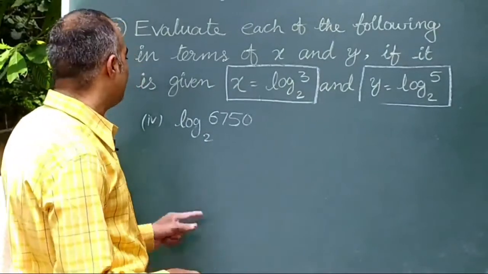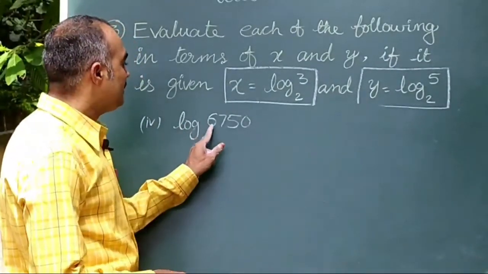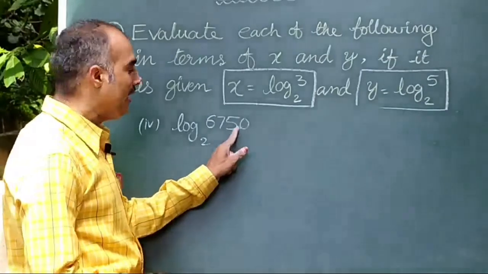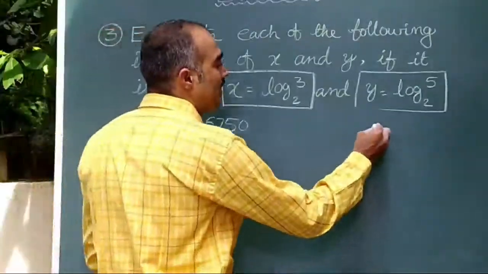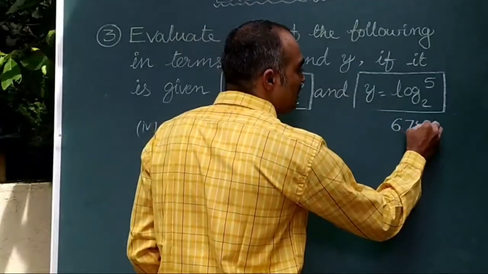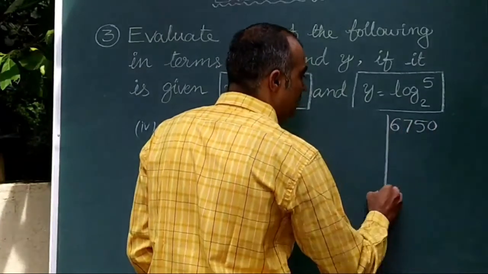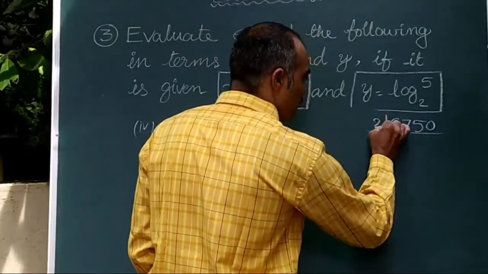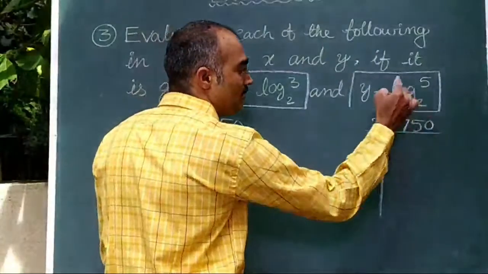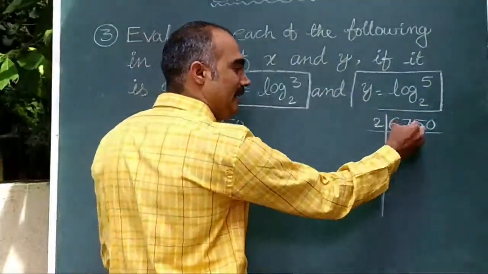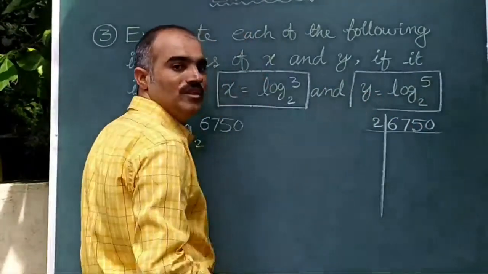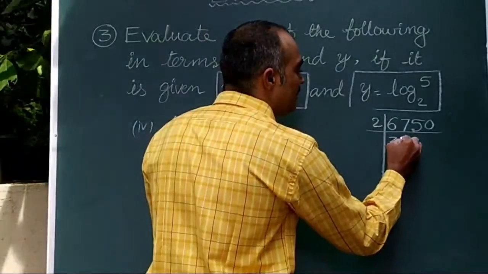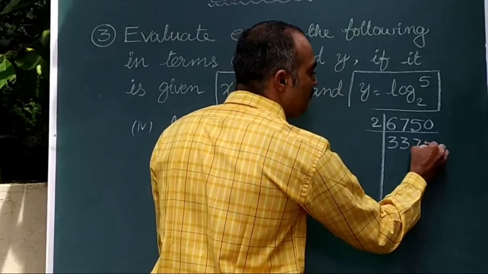Now, let us do the next bit, that is the fourth bit, log 6750 base 2. Here, let us consider 6750 and divide with 2 first, because the ending number is 0, it is an even number. 2 3s are 6, 2 7s are 14, 2 5s are 10.